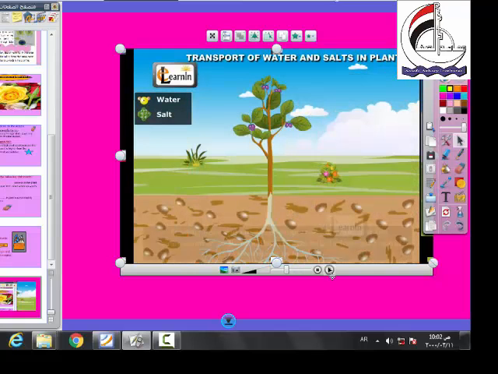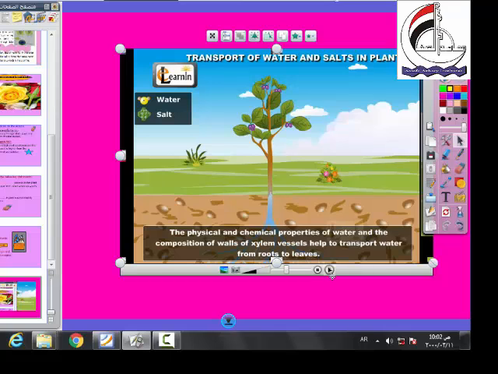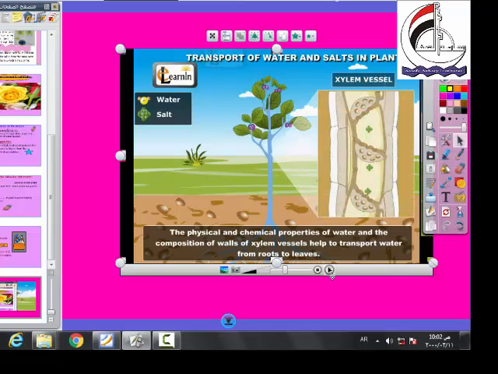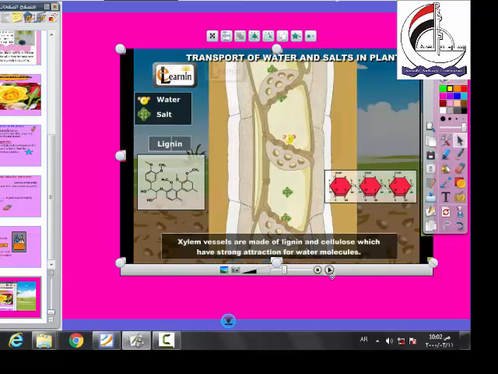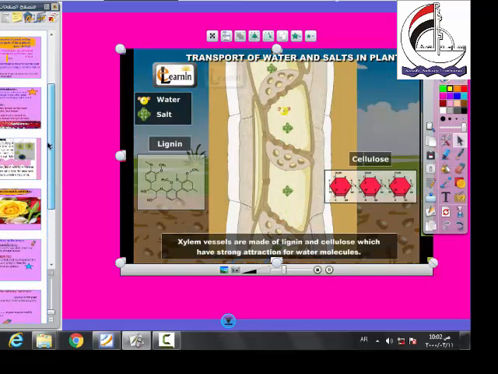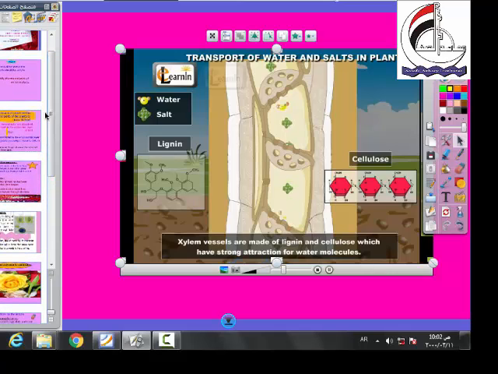The transport of water from the roots to the leaves is aided by the physical and chemical properties of water and the composition of the walls of the xylem vessels. These vessels are made of lignin and cellulose, which have a strong attraction for water molecules.